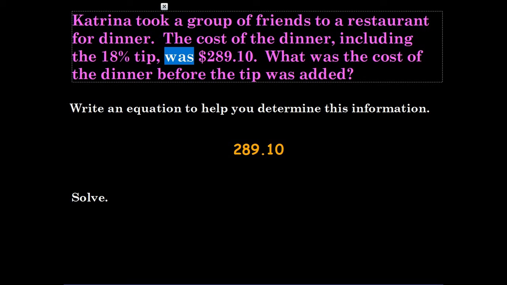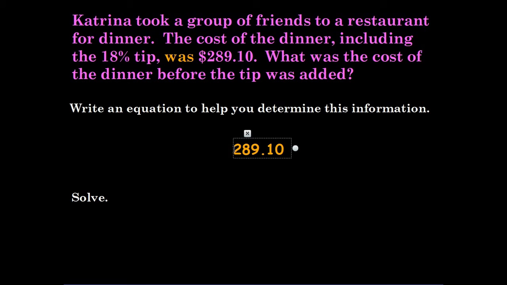Now you see this "was" here. It's actually the same as "is." It's just past tense, and so it is an equal sign as well. So it was $289.10. Now we want the cost of the dinner. The cost of the dinner is the unknown, right?